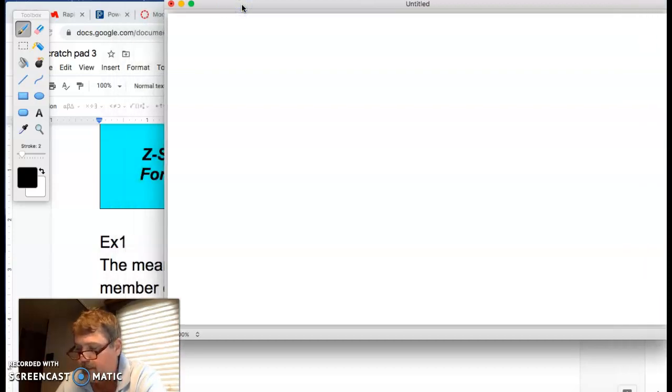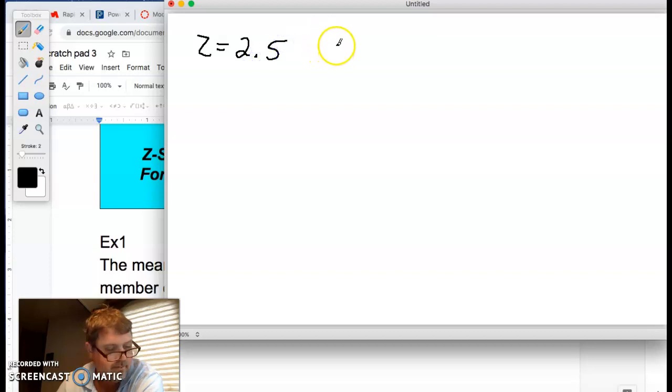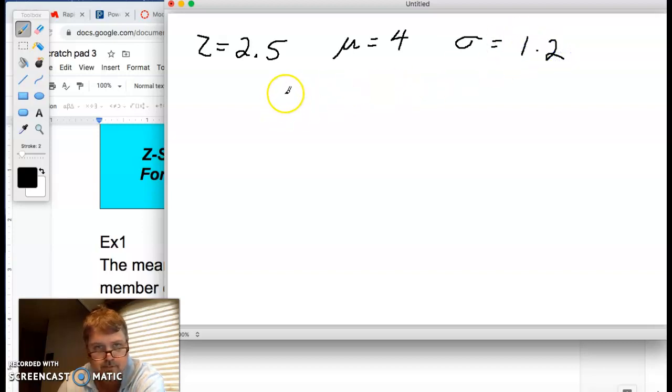Okay, so we know that z was equal to 2.5, and we know that mu, or the mean, was equal to 4. And we do know the standard deviation, which was 1.2. So we're going to plug this into our formula.